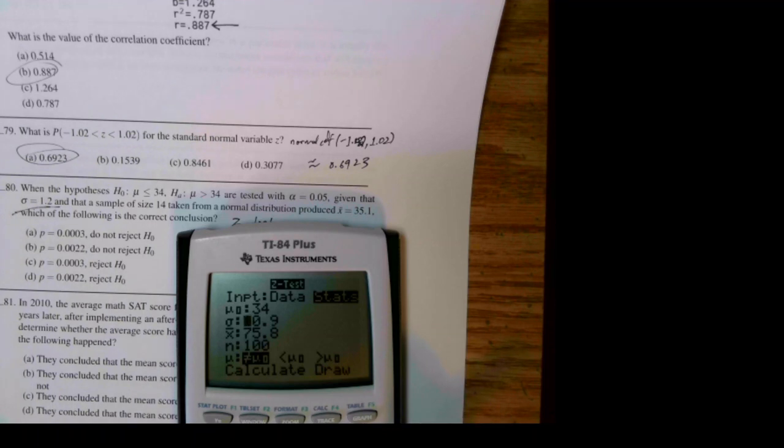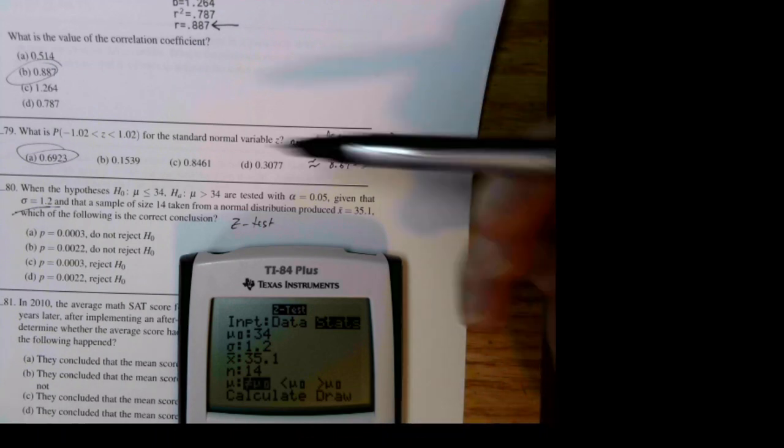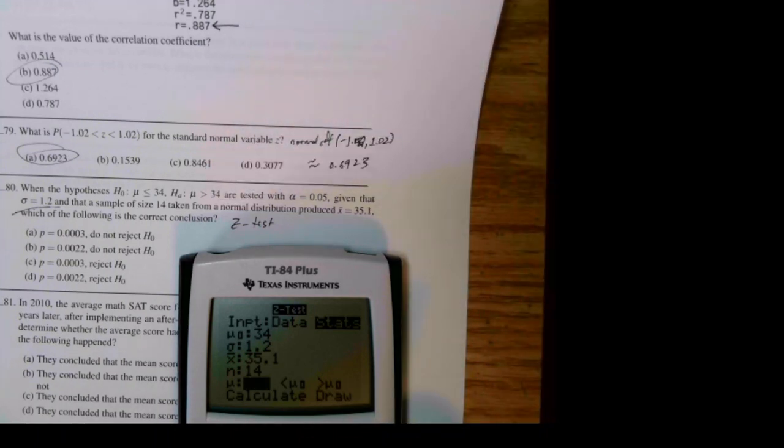The number involved in the claim about the population mean. Sigma is 1.2. X bar is 35.1. N is 14. And here we put in the alternative hypothesis, greater than mu naught, and go to calculate.